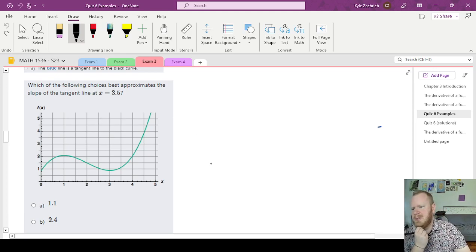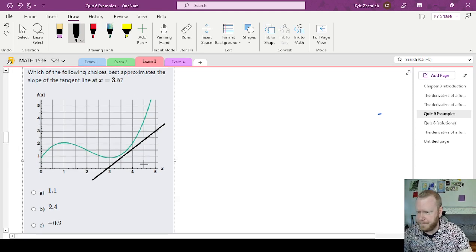Which of the following choices best approximates the slope of the tangent line at 3.5? I'm going to make my best attempt to draw a tangent line at this point, how I would expect any of you to try and do the same thing.